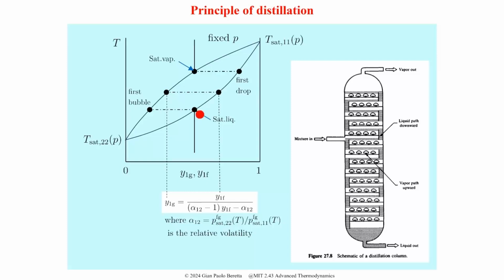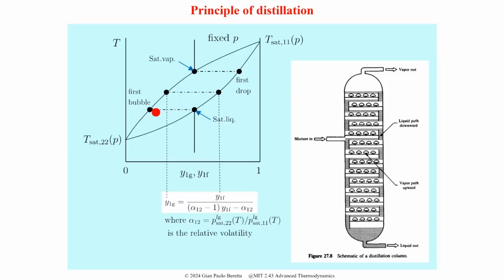That bubble is in equilibrium with my saturated liquid and has a composition which is here. It has a different composition, and we compute it by that formula that we have derived based on the relative volatility. Of course, you can express the relative volatility as a ratio of pressures, but it's also related to the ratio of the saturation temperatures, because this T sat of P is the inverse function of P sat of T.